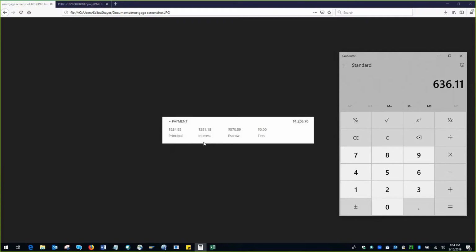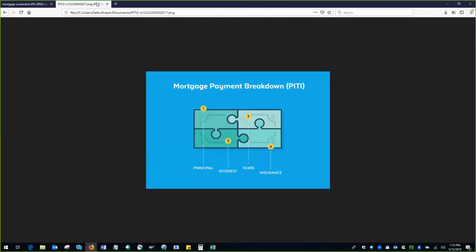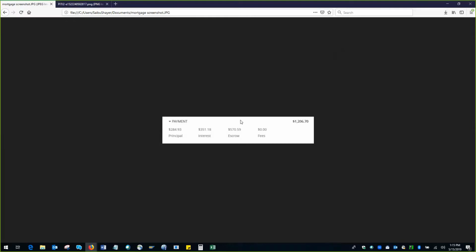Now, we talked about principal, we talked about interest. But what happens to tax and insurance? We don't see that here. We only see escrow. So what is escrow? Think of escrow as a checking account that you don't have access to. The bank creates this escrow account, and the money you put in there every month, in this case $570, goes into that account and is stored there. Your taxes and insurance are the two things that get paid from your escrow account.